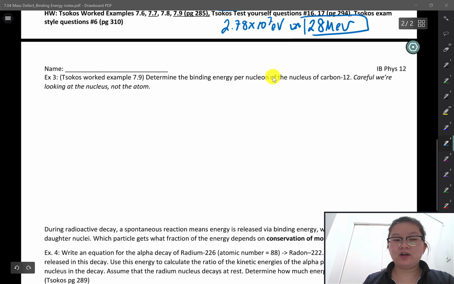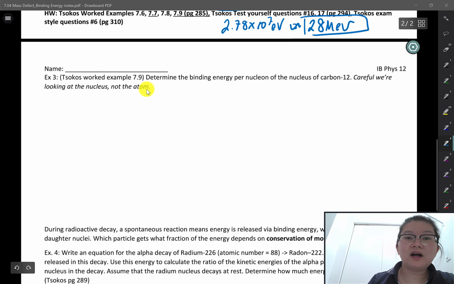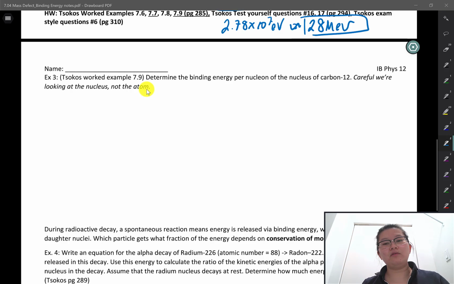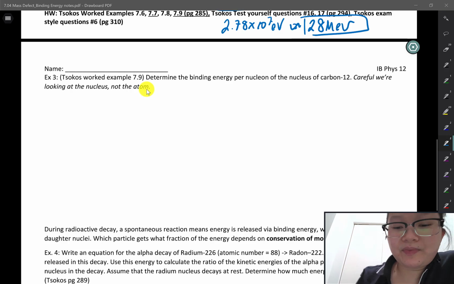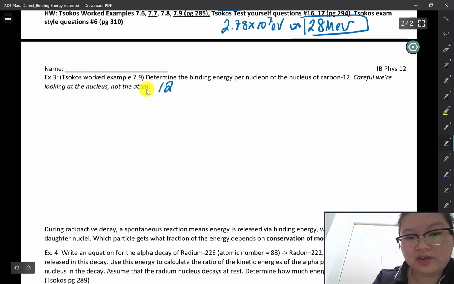So we're looking at the nucleus, we're not looking at the atom, which means we have to be very careful about the electrons. We know that carbon-12 has an atomic mass of 12 u.